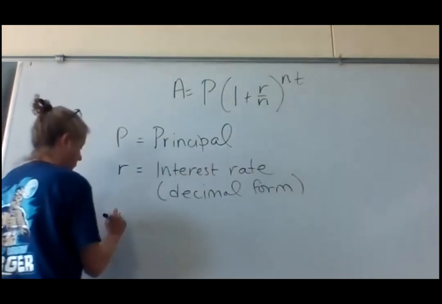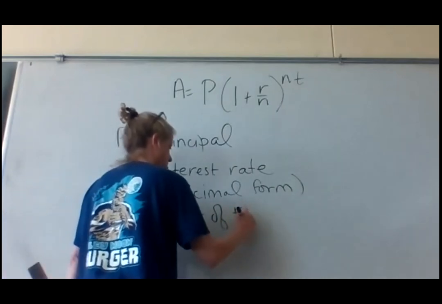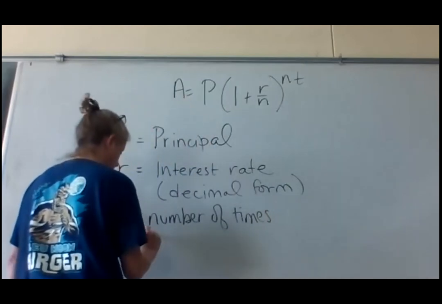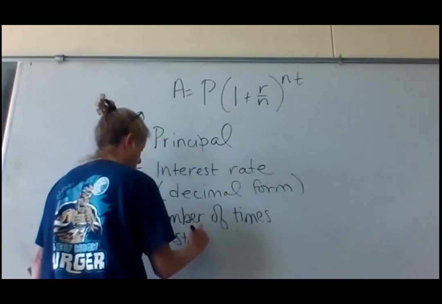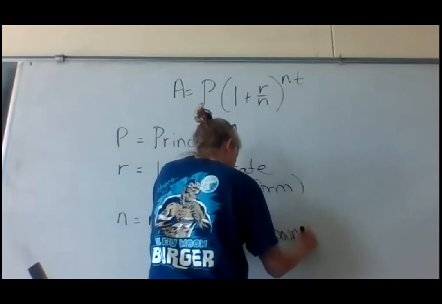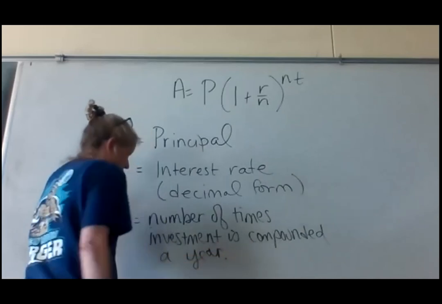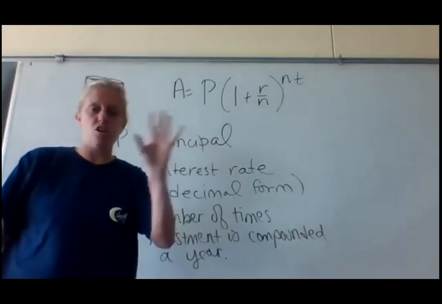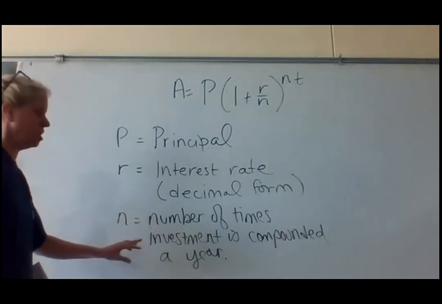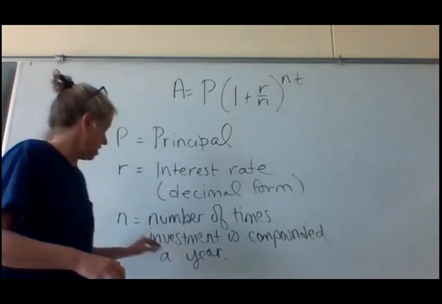The N is going to be the number of times that your original investment is compounded a year or reinvested a year. So if it says it's compounded once a year, then your N would be 1.